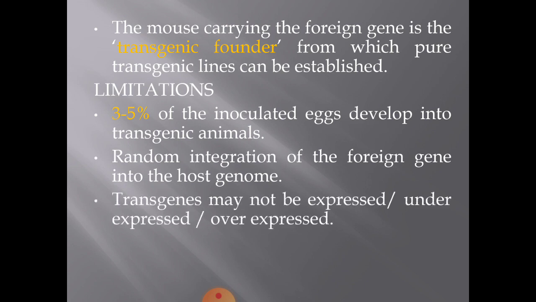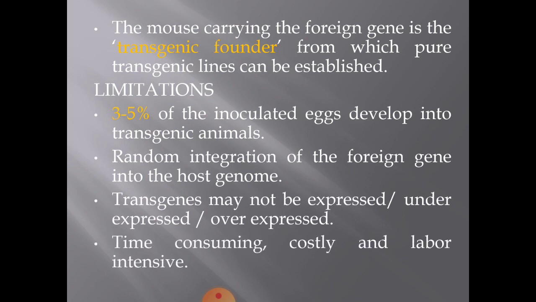Then these transgenes, since they go and sit in odd positions, they may not be expressed, they may be underexpressed, or they may be overexpressed. Okay? Then the process is time consuming, costly, and labor intensive. Okay? So these are the drawbacks of this method of production of transgenic mice.